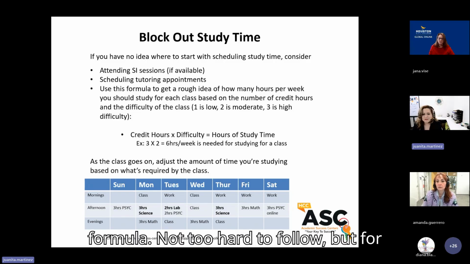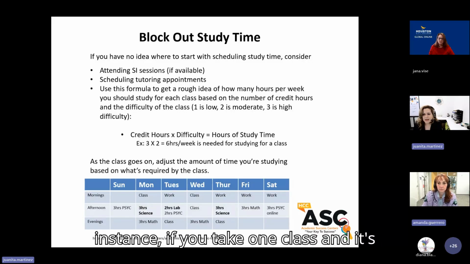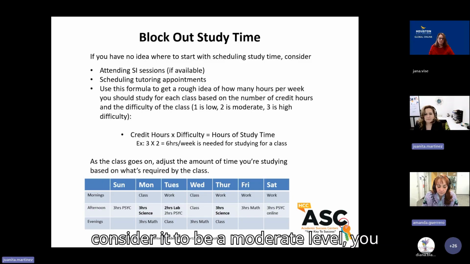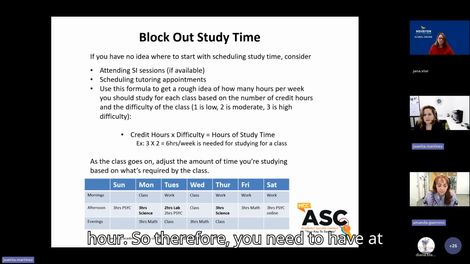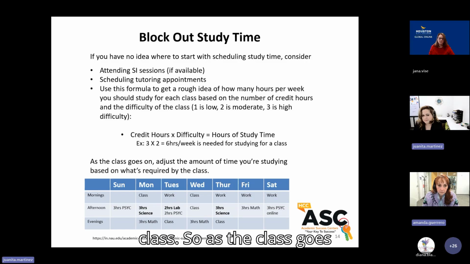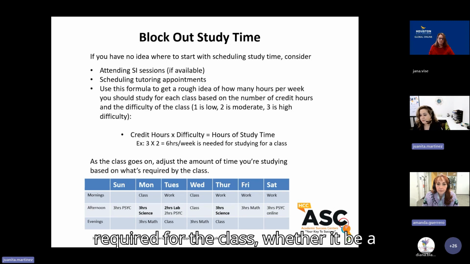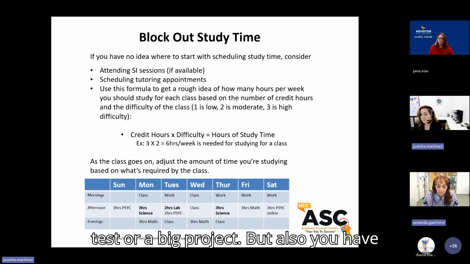Not too hard to follow, but for instance, if you take one class and it's a 3-credit-hour class, and you consider it to be a moderate level, you would multiply that 2 with the 3 credit hours. So therefore, you need to have at least 6 hours a week to study for this class. So as the class goes on, you may have to adjust the amount of time you're studying based on what's required for the class, whether it be a test or a big project.